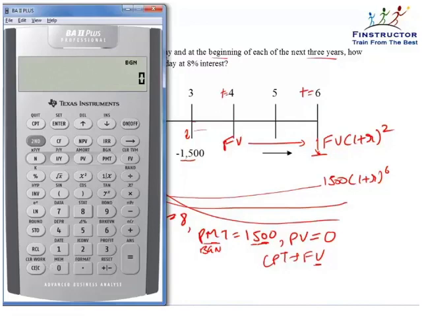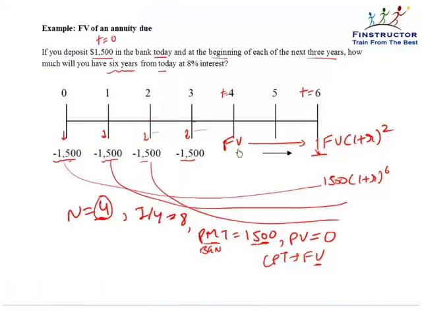Enter 0 as PV because there are no further payments coming. And compute FV. So this FV is the value at the end of t equal to 4. We will store this in the memory register 1 because we know we will need it in the future. That is, we'll need to compound this for 2 more years. So how do we compound it for 2 more years? This FV is already there.